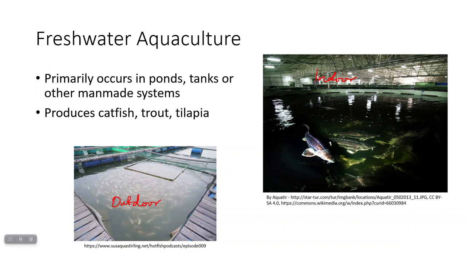You have to add the fish feed, you have to add whatever nutrients are needed, etc. And unfortunately, when you're packing organisms in, they can produce a lot of waste. Everything those fish pee and poop ultimately is going to either stay in that pond or you're going to have to filter it and then put in new water.